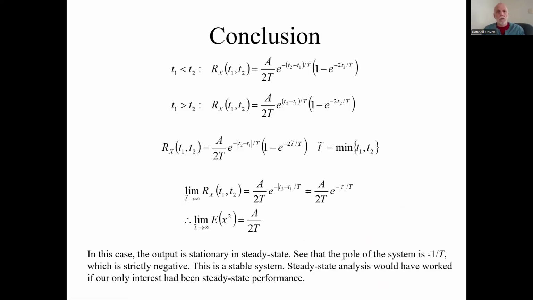So we have different answers for the different regions, or we could combine them. One way to combine them is this way, to capture both cases. It's this, where this T tilde is the minimum of the two times. And just out of curiosity, what happens as that minimum time goes to infinity?